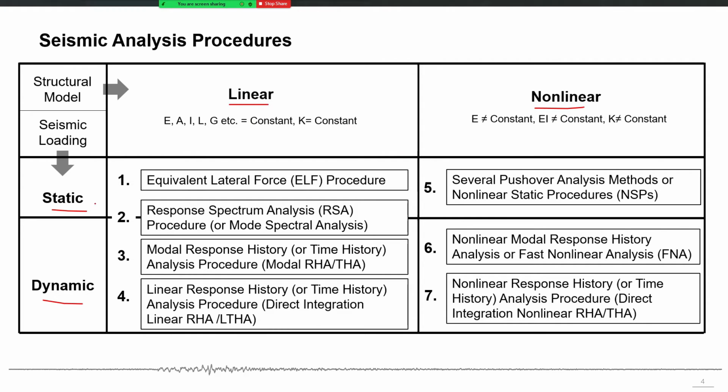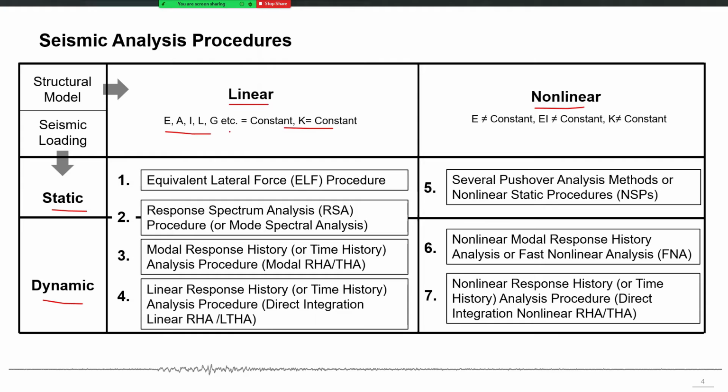on this space, where the model is linear or non-linear and the loading is static or dynamic, we can map almost all existing seismic analysis procedures. For example, when we apply the equivalent lateral force procedure, the most conventional method used for the seismic design of buildings, it will be lying somewhere in the linear static range, where the computer model which we are using is linear, which means it has constant stiffness.